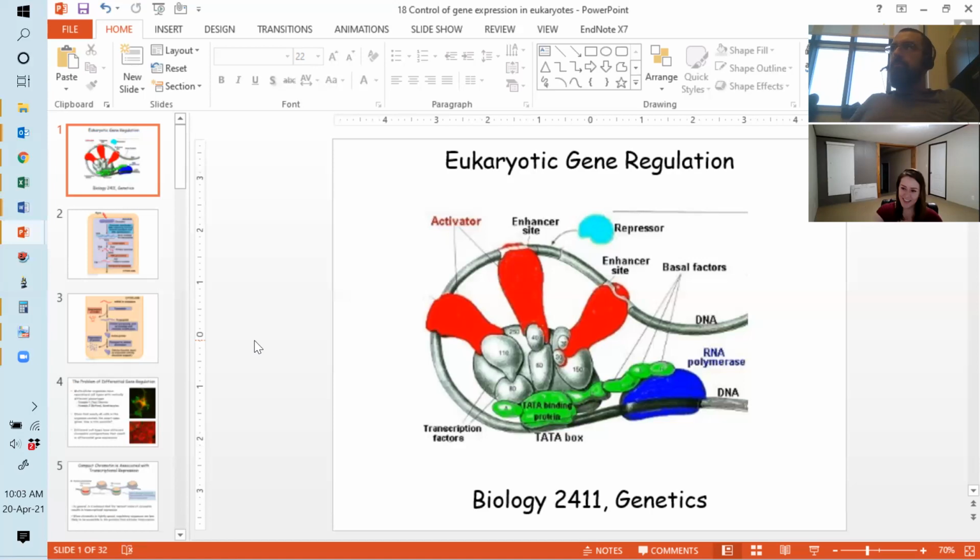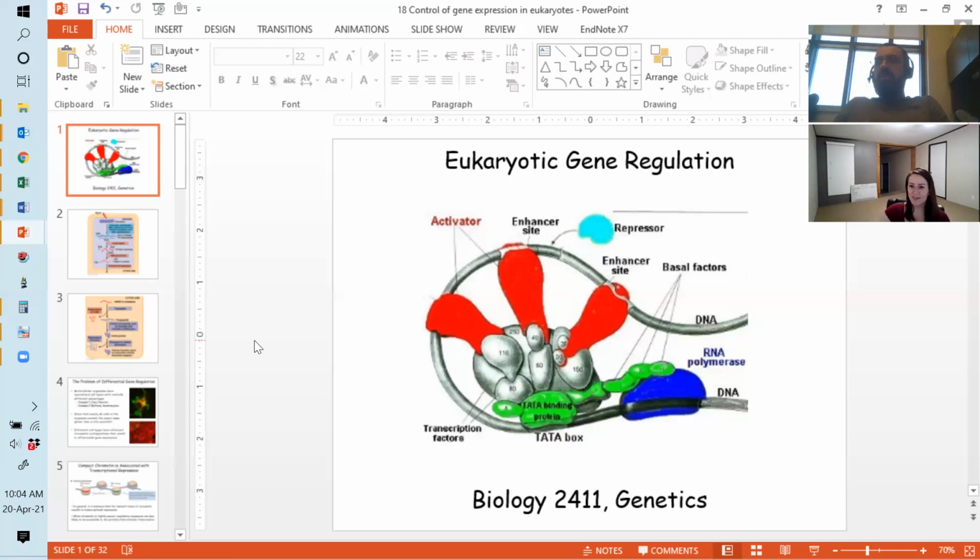So we've got our functional mature mRNA in the cytoplasm. What next? Actually, Tanya, you already said this. What happens next? Translation control. Right, exactly.